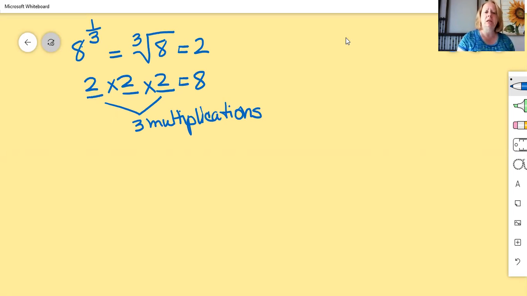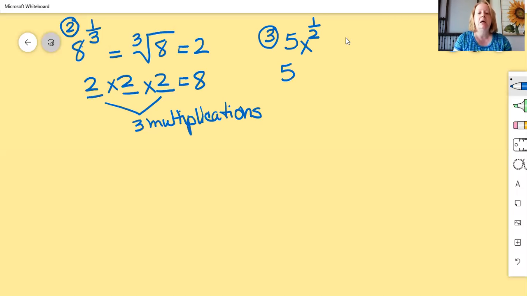Okay, so let's look at another one here. So that was number 2. Now we're going to move on to number 3 here. So let's say that I have something like this: 5x to the 1/2 power. Okay, so let's look at this number here. This really means 5 times x to the 1/2.